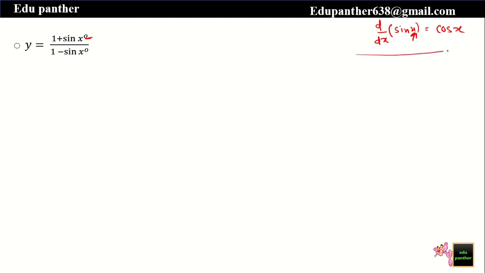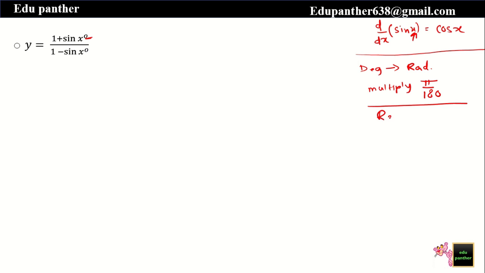So do you remember how to change degree to radian? For that we have to multiply our angle with pi upon 180. So if you have to change degree to radian, multiply your angle with pi upon 180.